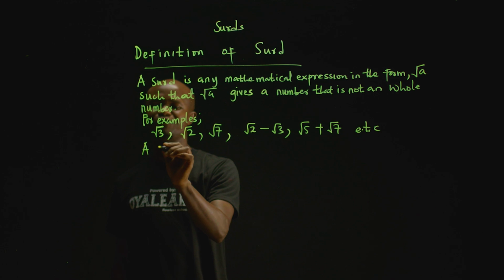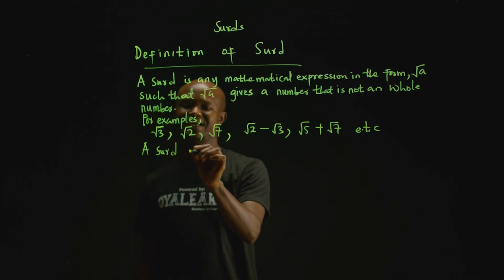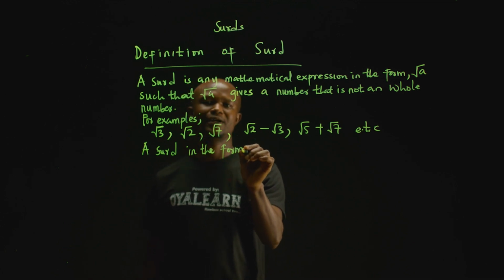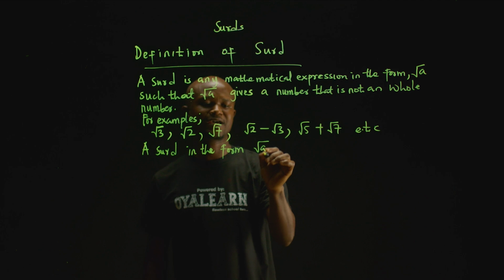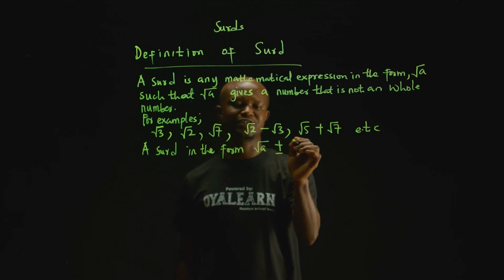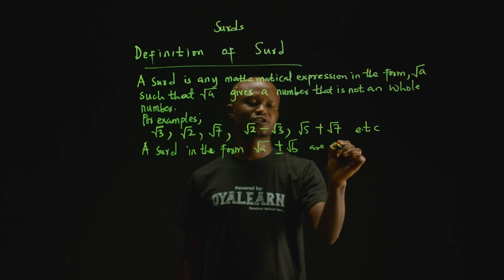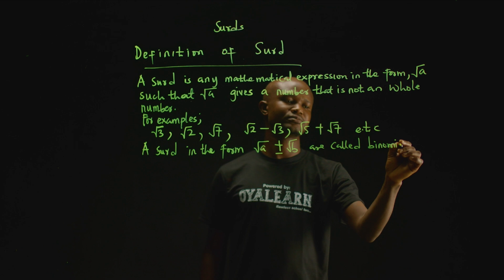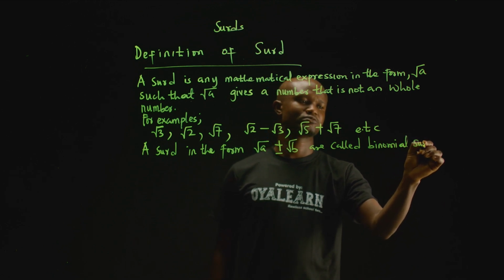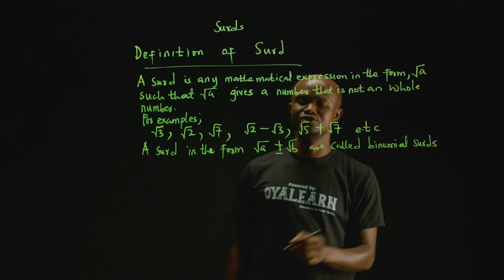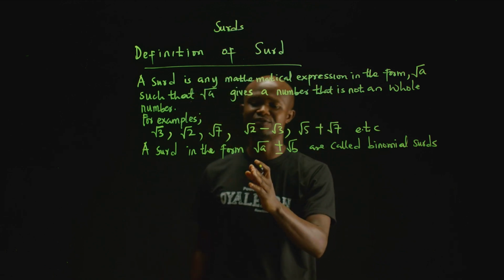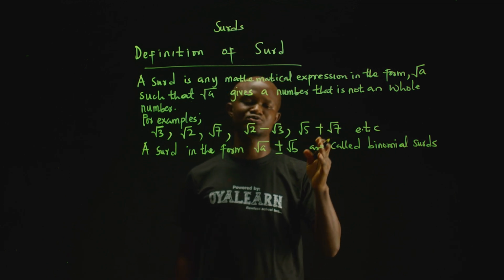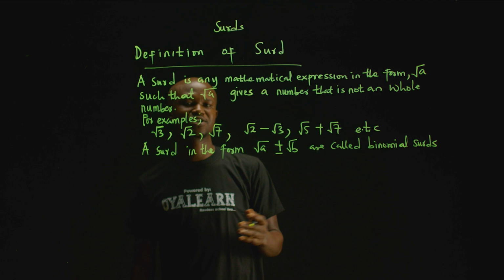So a surd in the form root a plus or minus root b is called a binomial surd. Why are they called binomial surds? Because they have two terms, first term, second term, from the word bi, which means two. So these are examples of binomial surds.